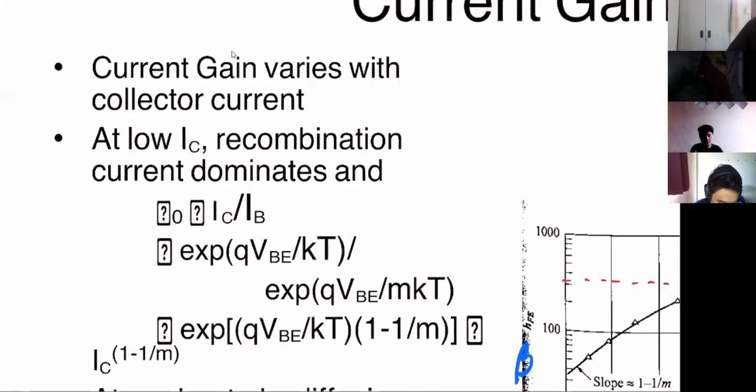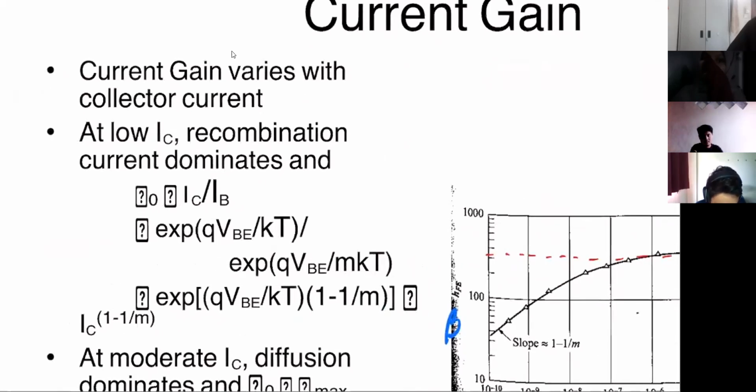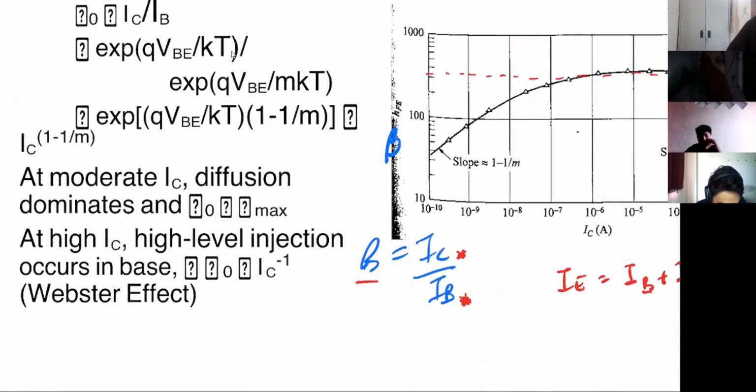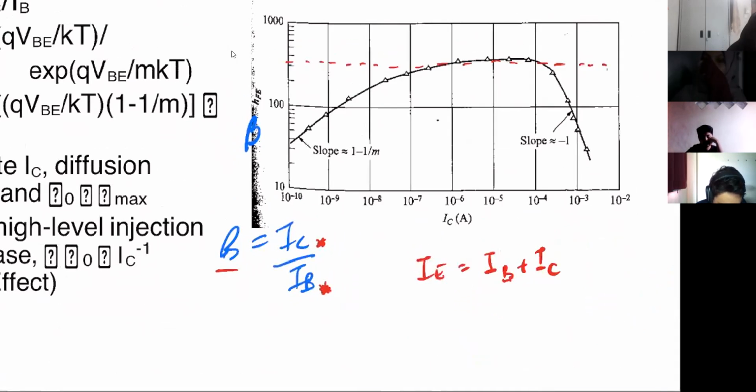Ideally it's not supposed to change. You want the base current to be constant, you want the beta to be constant regardless of the changes of the collector current.